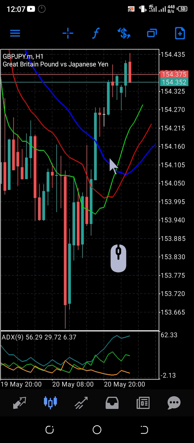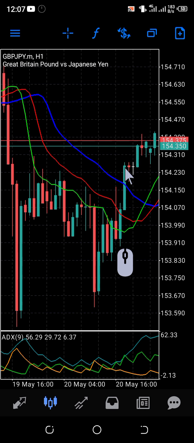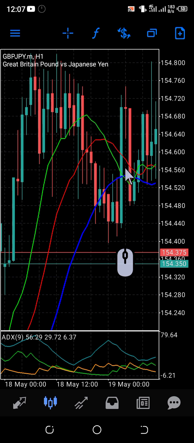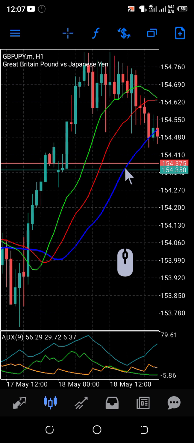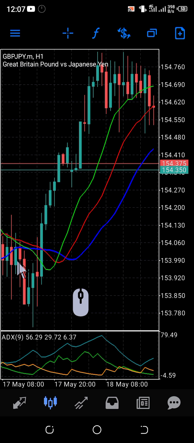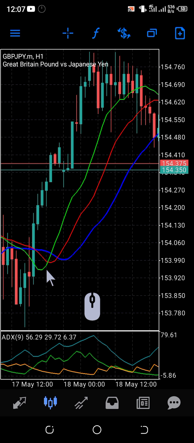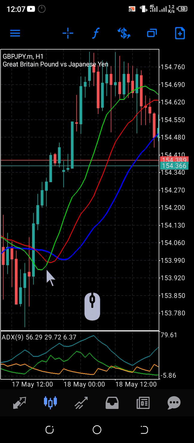So when you find yourself in a situation where the green line is about to cross the blue and the red, you will see the line start curving and making a kind of reversal right here. It's just to notify you that we are about to enter a strong uptrend.